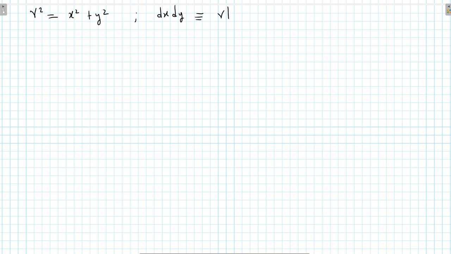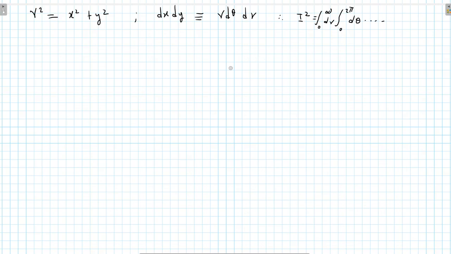In the polar coordinate system it is r d theta dr, as we have seen: the length of the small arc times the length dr. Therefore, I squared is going to be two integrations, from 0 to infinity for dr and from 0 to 2 pi for d theta.